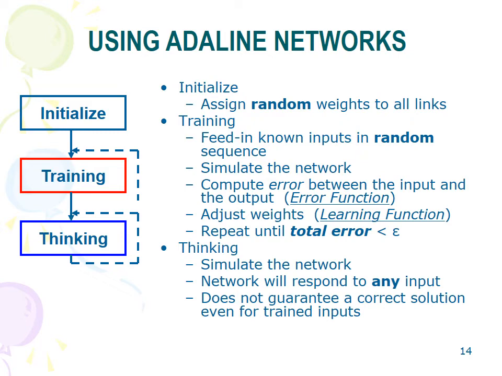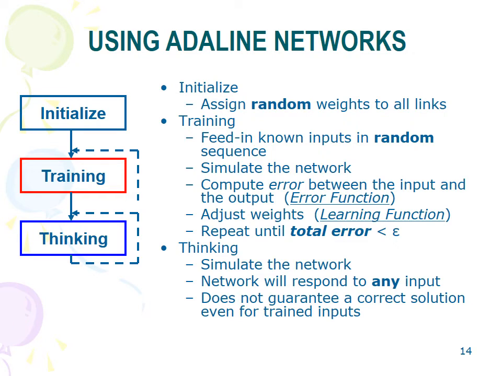Then we simulate the network and compute the error between the target and the output using the error function. For adjusting the weights there is a learning function, and we repeat until the total error is less than a set value.